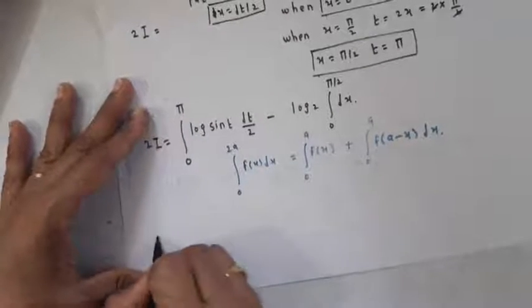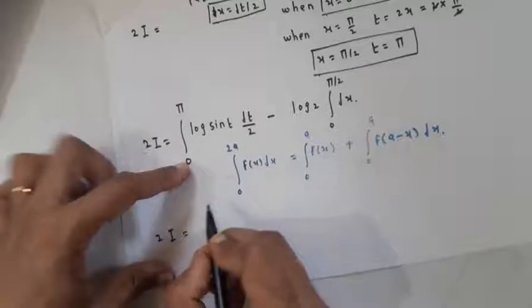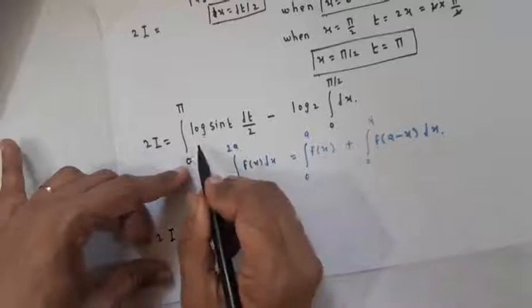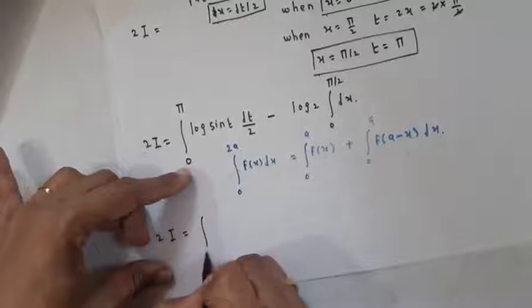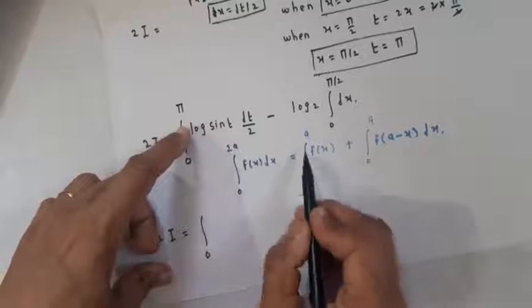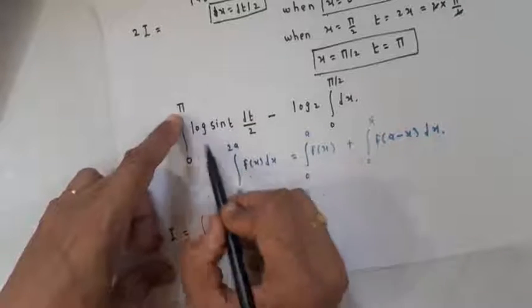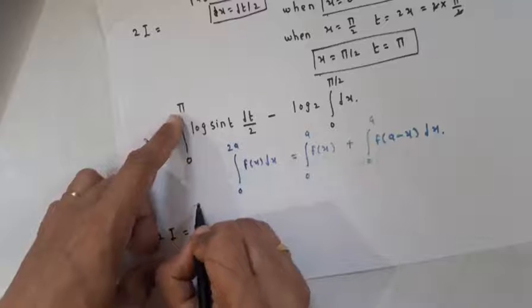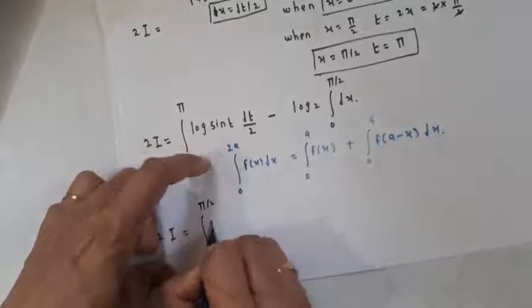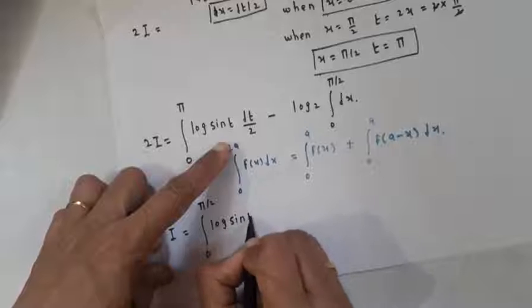So 2I equal to, by using this property, 0 to 2a converts into 0 to a, meaning dividing by 2. So pi will be pi by 2. And this is log of sine of t.